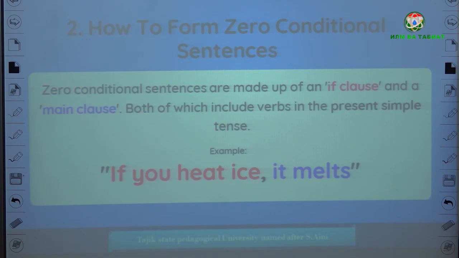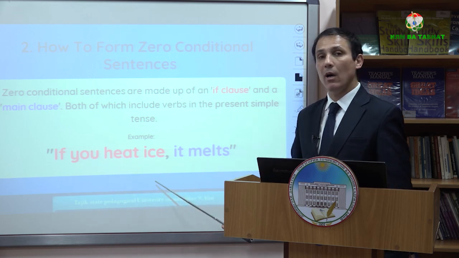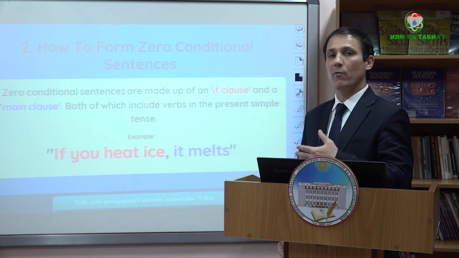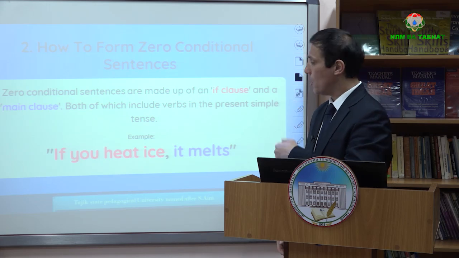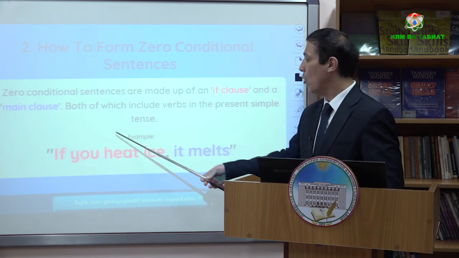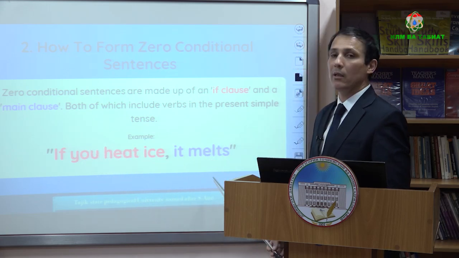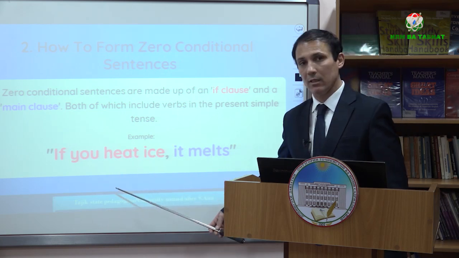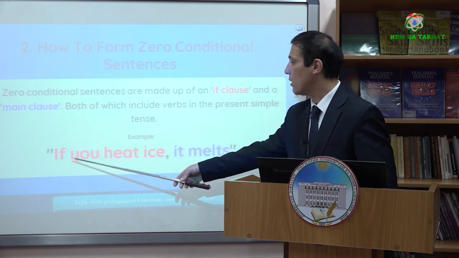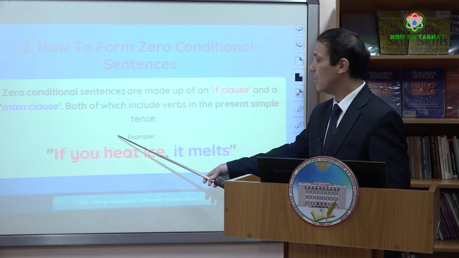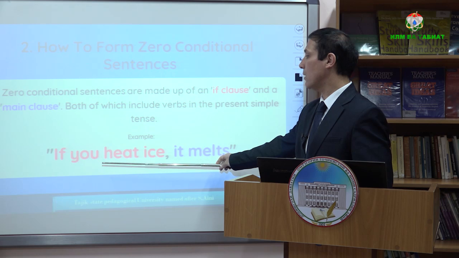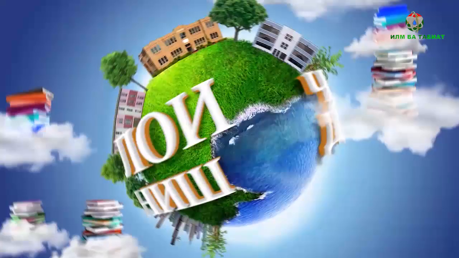If you hit ice, it melts. This is the fact, this is the result. That's why we use the present simple here. By grammar rule, this is the zero conditional.